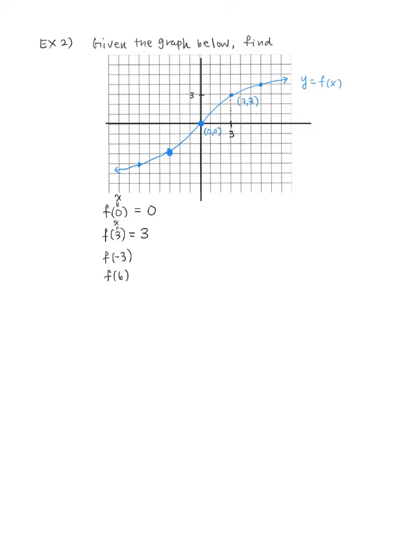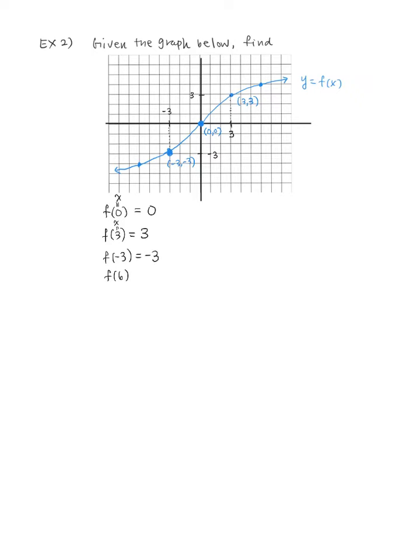Now let's look at f of negative 3. When x is negative 3, what is the corresponding y value? It looks like it's negative 3. Sorry, the point is negative 3 comma negative 3. So when x is negative 3, our y value is negative 3.